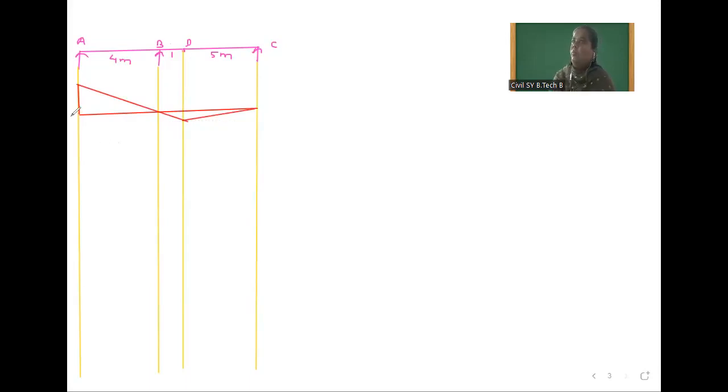So this is A point. I will use different colors, so you will get A point. This is B point, this is D point, and this is C point. This distance is 1 meter, this distance is 5 meter, this distance is 4 meter. Here value is 1. So we have to calculate this value. How we will calculate? For 4 meter distance is 1.